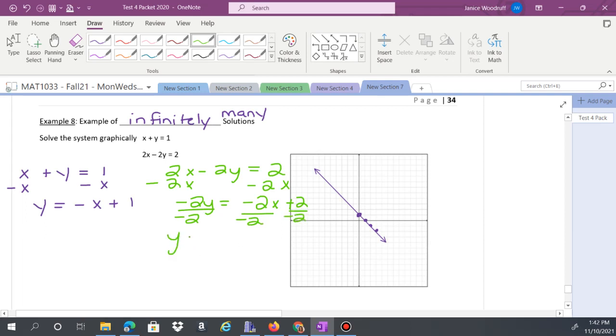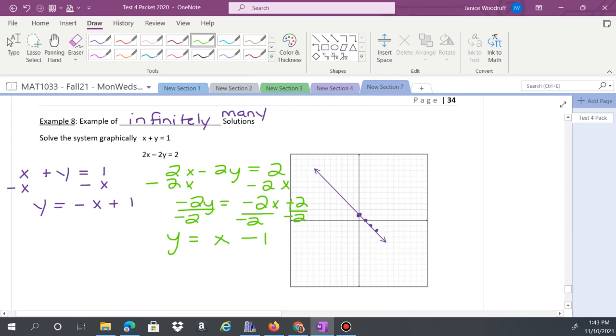And that's going to give us y equals negative 2 divided by negative 2. That'll just be 1x. Or no. That's right. Positive x. And that will be 2 divided by negative 2 minus 1. Oh, these aren't infinitely many solutions.